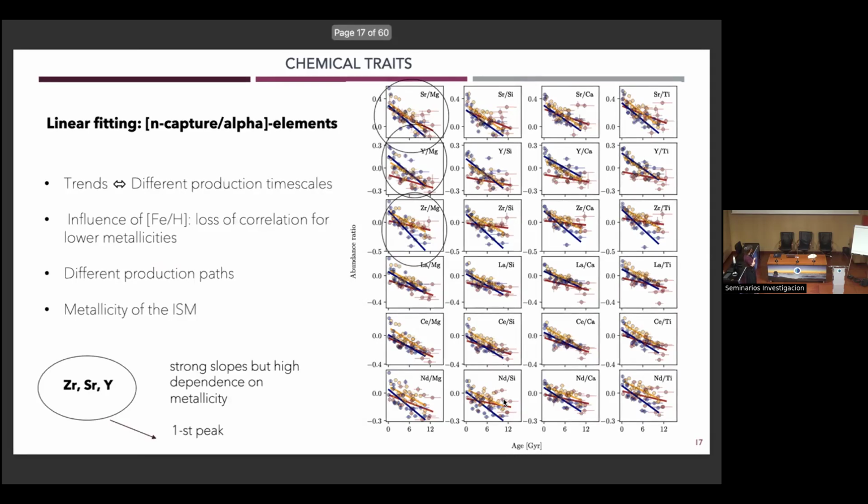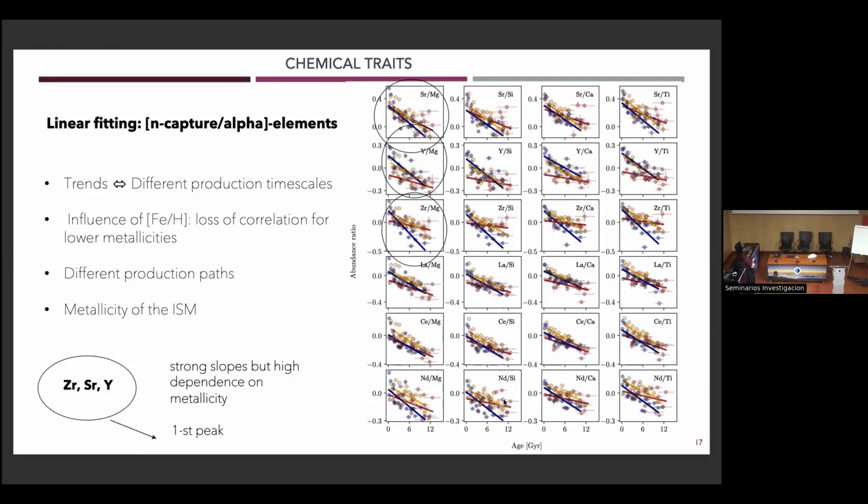This is very well reflected, for example, if we look at the first peak, what we call light s-process elements, such as strontium, yttrium, and zirconium here. The fact that these slopes change from one metallicity bin to the other is because of the metallicity dependence of the stars itself.